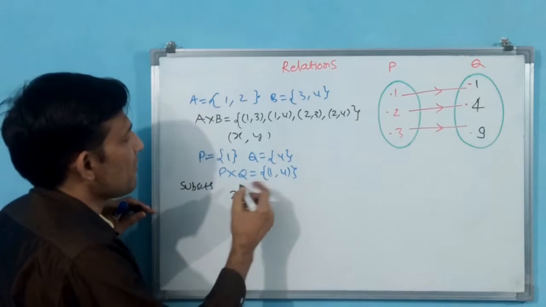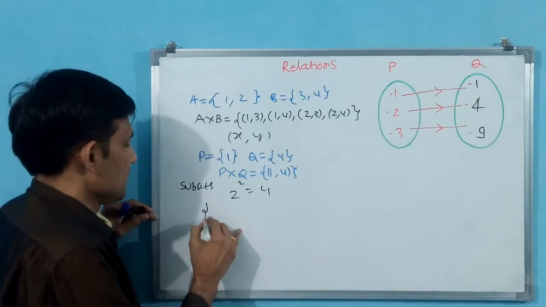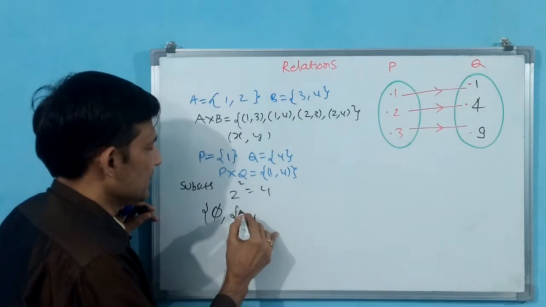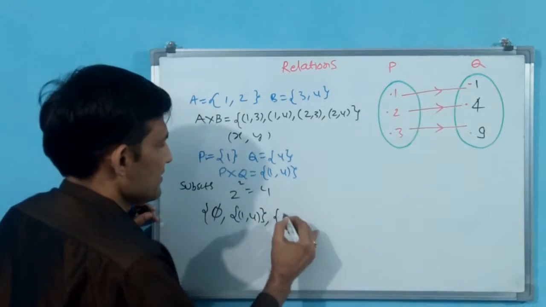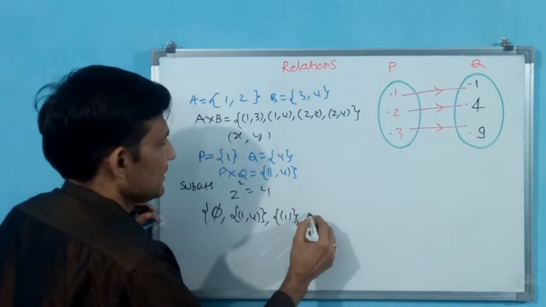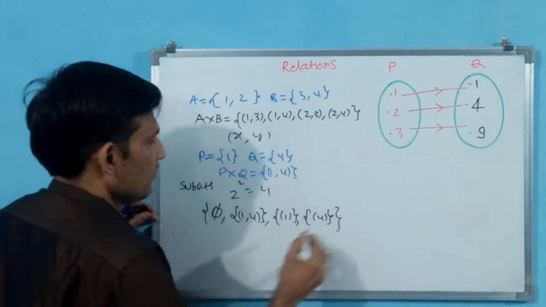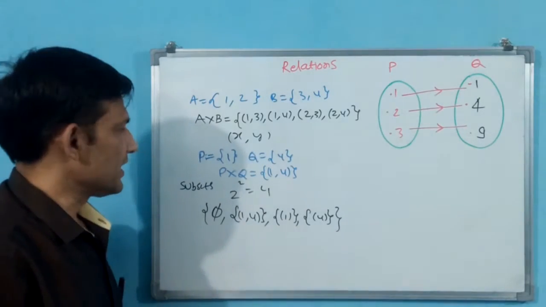Subsets: 2 power 2, that is 4 subsets will come. The empty set will come, the full set will come, then the single elements will come. These are subsets. You understand now?